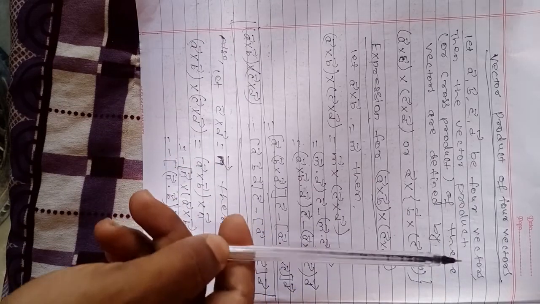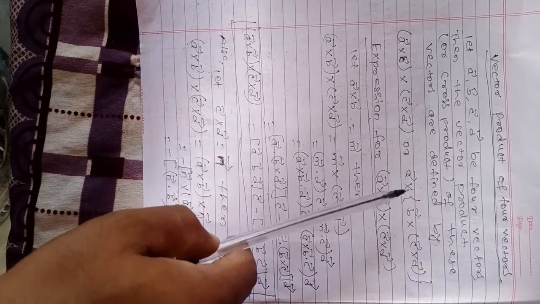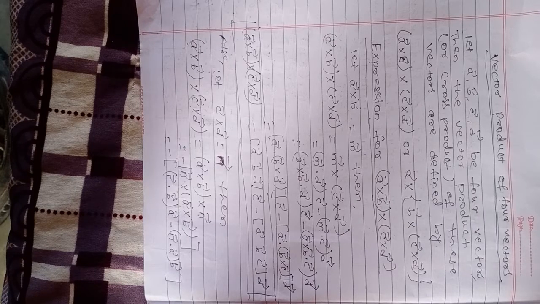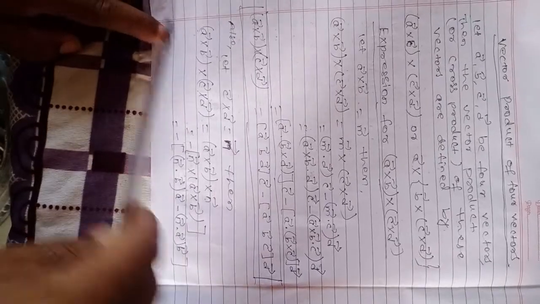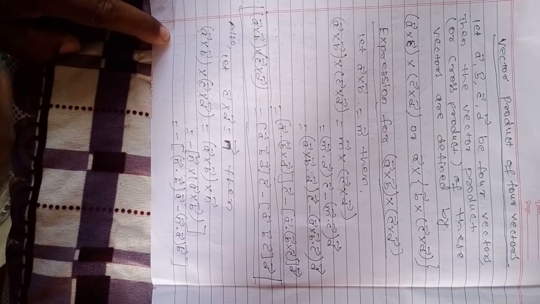Or first you should do cross between c and d, and then b, and lastly you should do cross with a. That will be the way of calculation of vector product of four vectors. Now we should have the expression for four vectors, as a scalar product has an expression for four vectors.